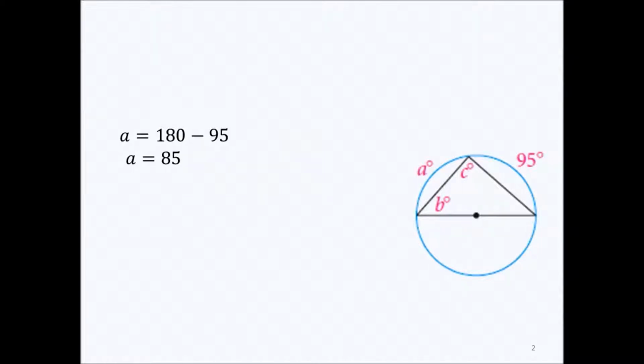When we have an inscribed angle, the arc is equal to 2 times the angle, and the angle is equal to the arc divided by 2. Since we're trying to find an angle, we take the arc, which is 95, and divide it by 2 to get angle B. Therefore, 95 divided by 2 is equal to 47.5.